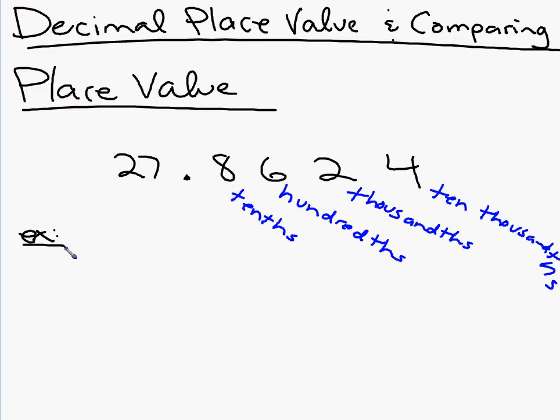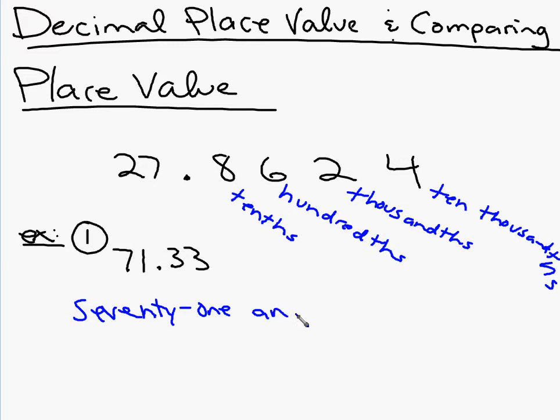Let's say that I had this decimal, 71.33. We'll just do a couple quick examples. How would I say that? I would say 71 and 33.